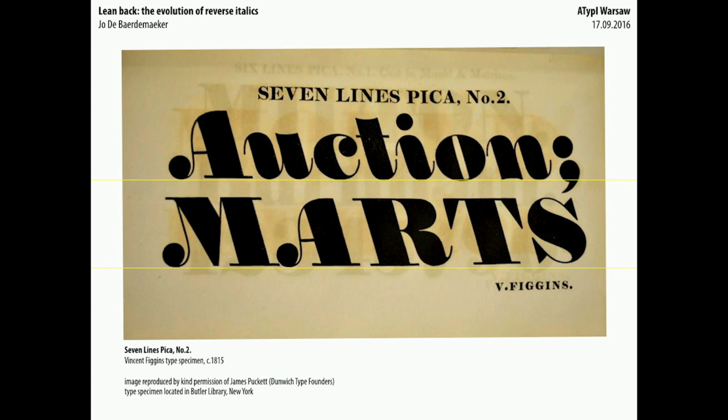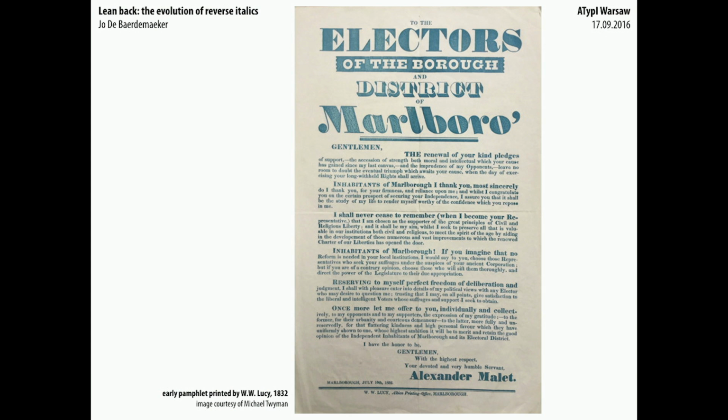The very first one that I could retrieve so far is a printing type proposed by Vincent Figgins in 1815. It's pretty large size, and it's actually a printing size in the style of the Didot Bodoni style, and that's actually used as a wood type on the different folders.